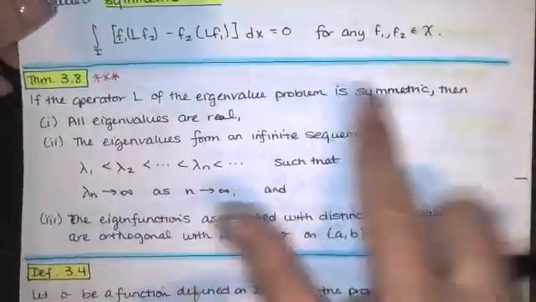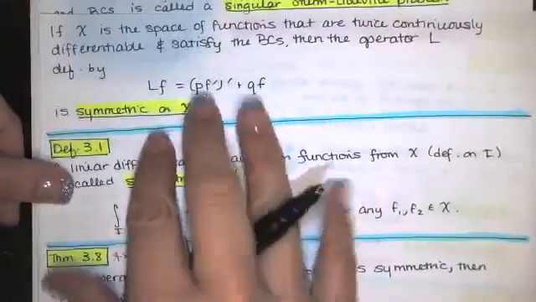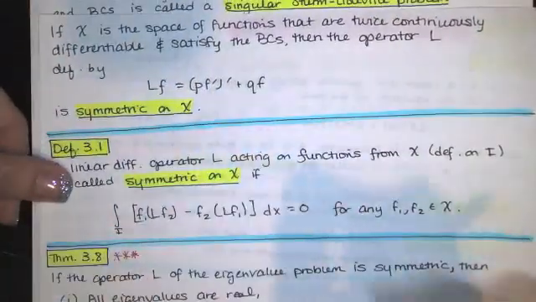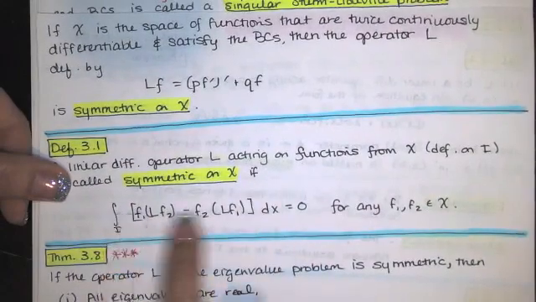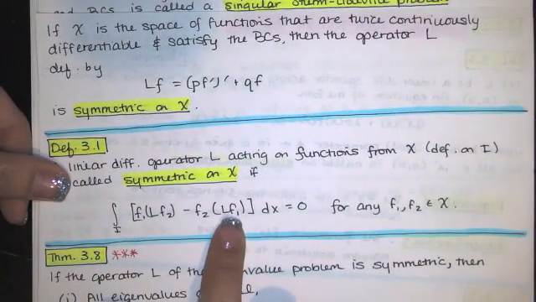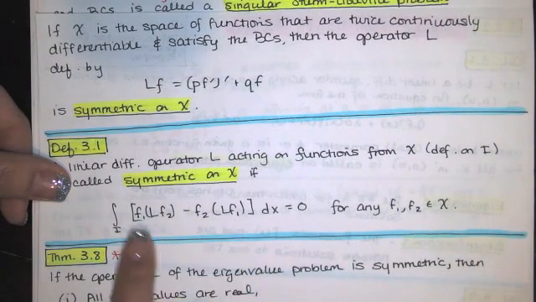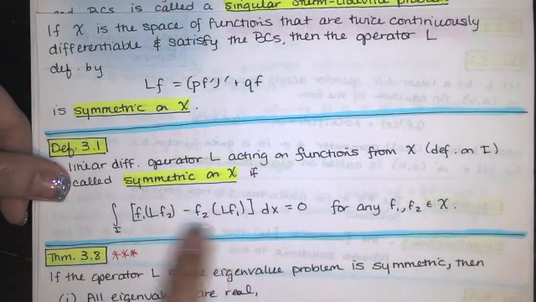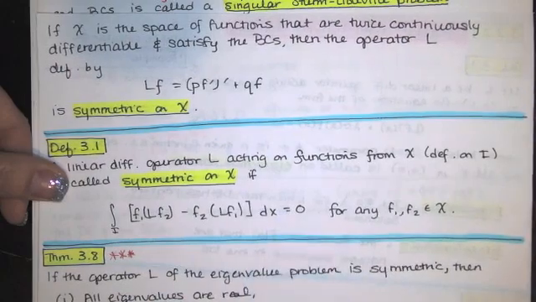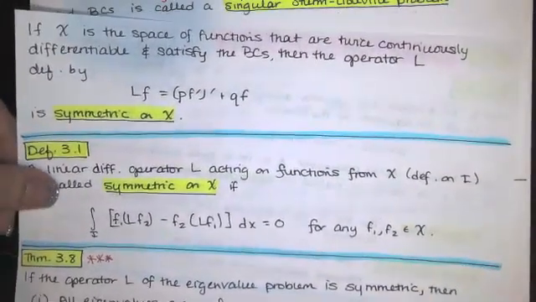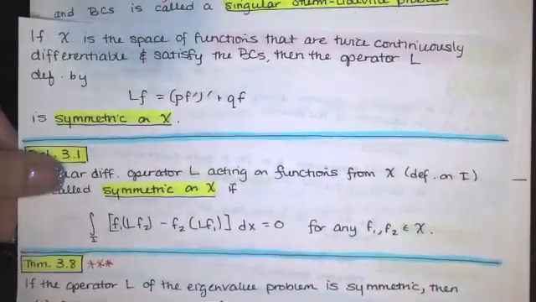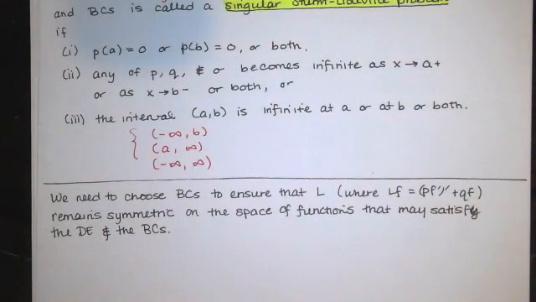And again, the operator is not just symmetric by itself, it's symmetric on a space of functions. So we want that operator to behave like this. We want this to be true for any f1, f2 in that space of functions. If we plug in our operator here and we simplify this integral, we want to get 0 every time for any two functions in the space of functions that are twice continuously differentiable and satisfy our boundary conditions.